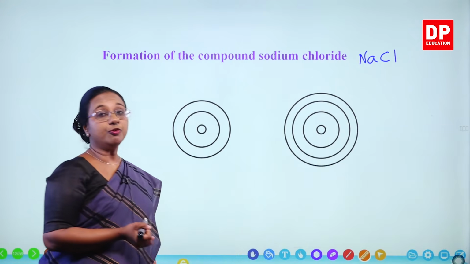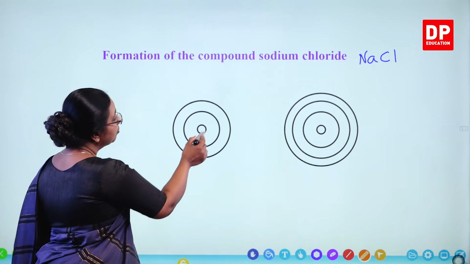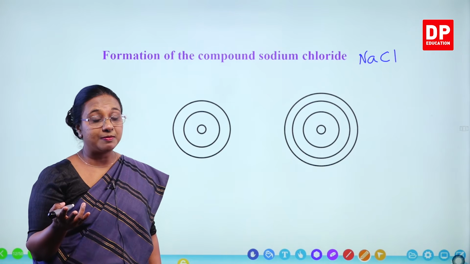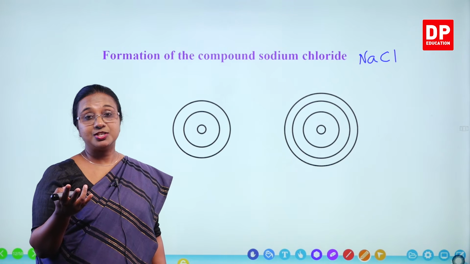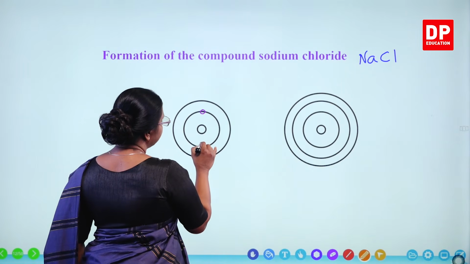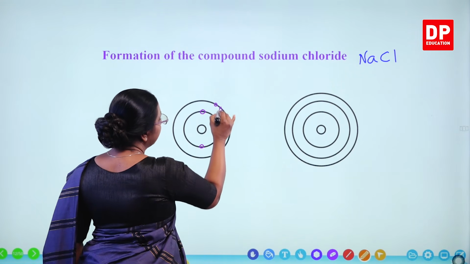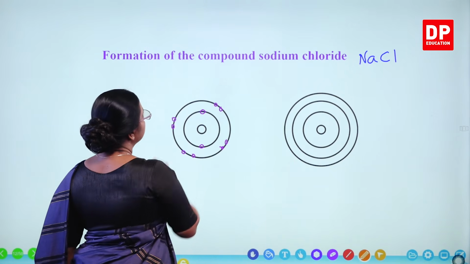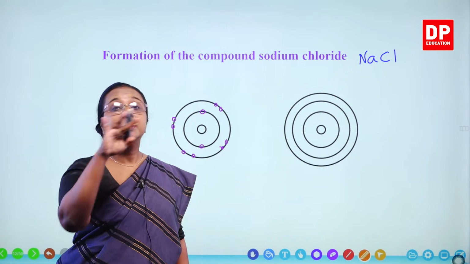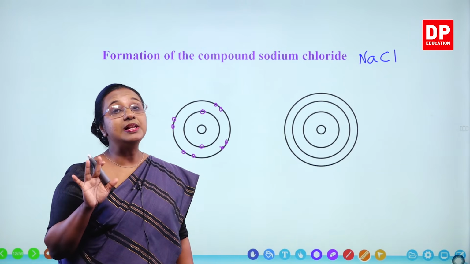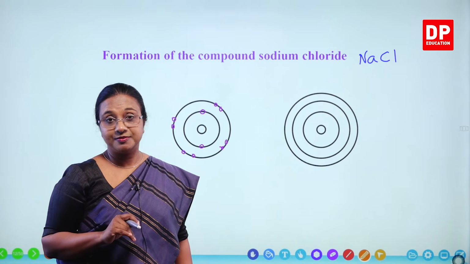So, we have to fill in the electrons. In the sodium ion, once it formed the positive ion, you can remember the electronic configuration was 2, 8. So there are 2 electrons here and 8 electrons in the valence shell because it had a complete valence shell. It achieved the noble gas electronic configuration.